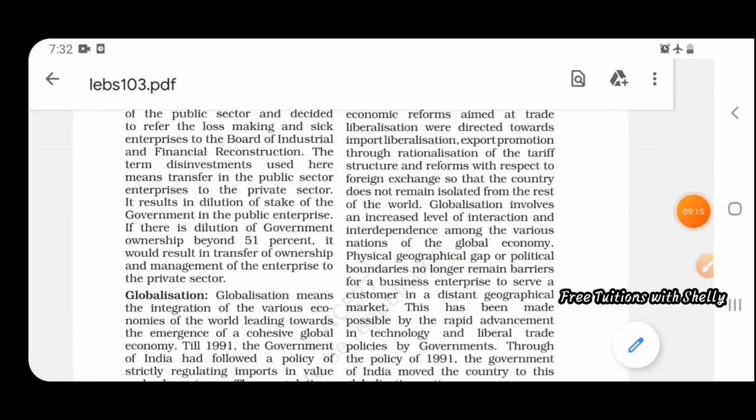Globalization involves an increased level of interaction and interdependence among various nations of the global economy. So physical geographical borders were no longer a barrier. The interaction between different nations helped in promoting trade activities in every country, in India also. That is known as globalization, the interaction of different economies of different countries all over the world.